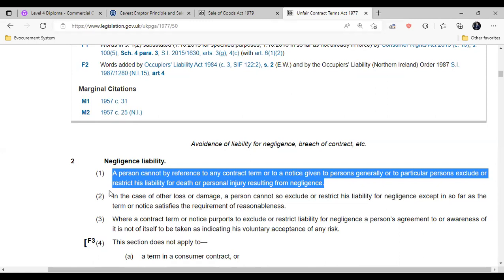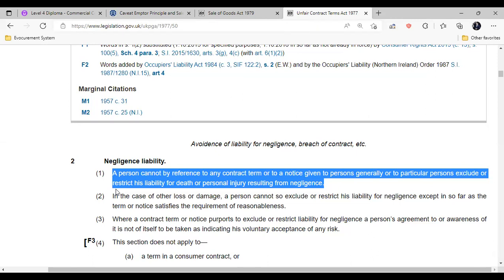A person cannot, by reference to any contract term or to a notice given to persons generally or to particular persons, exclude or restrict his liability for death or personal injury resulting from negligence.